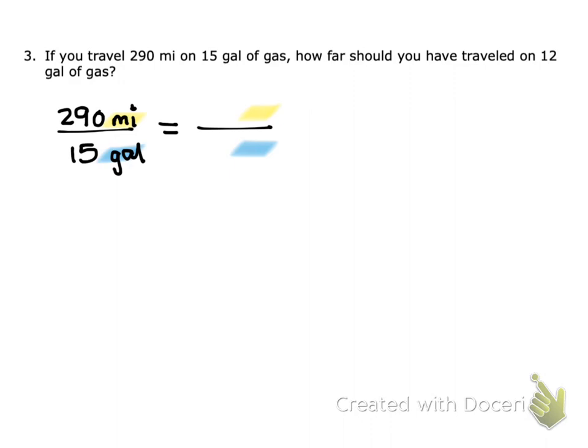That tells us automatically that miles has to go on the top and gallons on the bottom for our second rate. So then we say, how far should you have traveled on 12 gallons? So our X, our missing number, is on top. And then we can cross multiply.